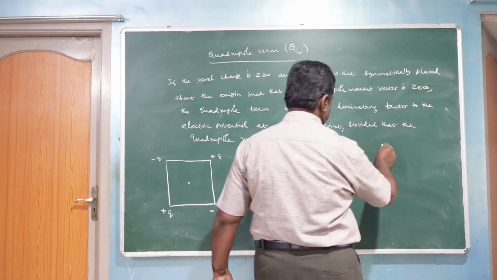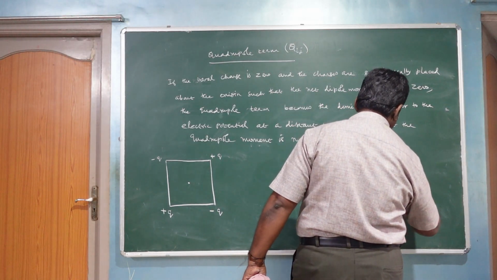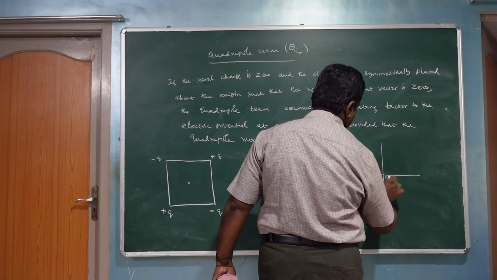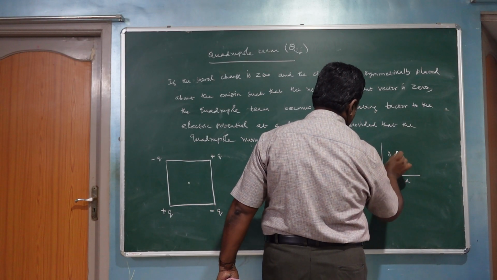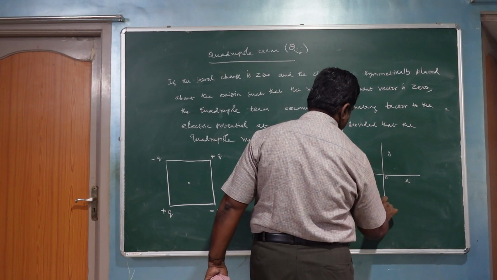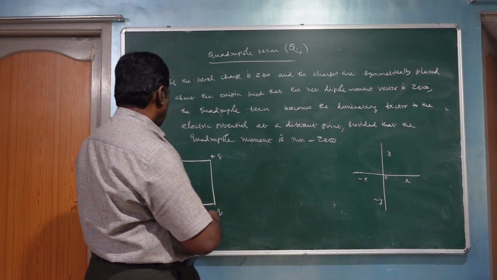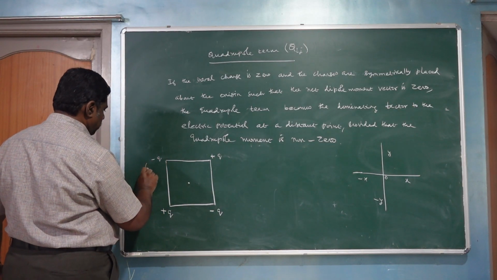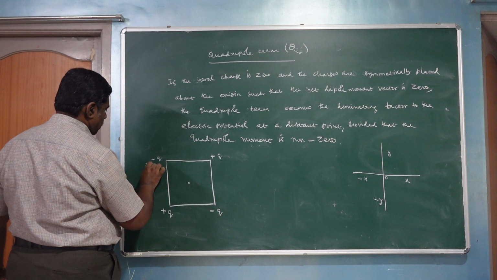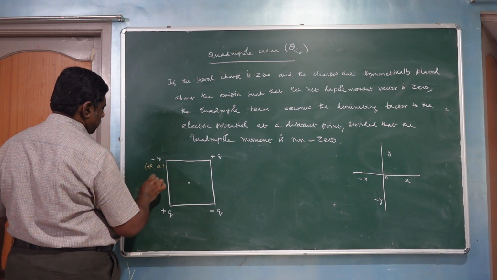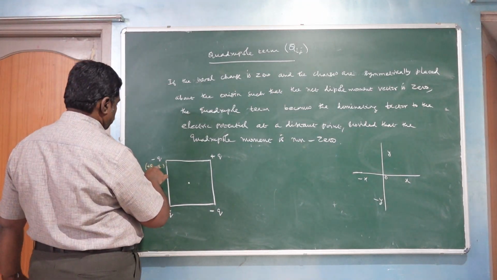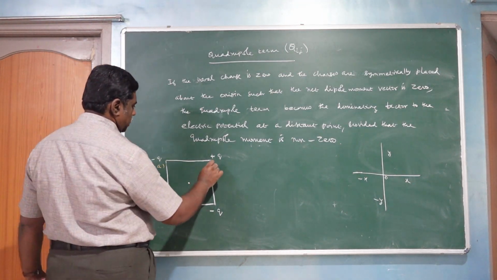Consider a graph sheet. This is origin, this is x, this is y, this is minus x, this is minus y. So from the origin, this minus q is placed at minus a comma a. With respect to x, which is minus a. With respect to y, this is plus a.